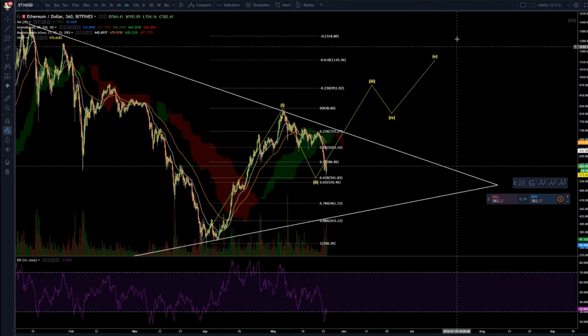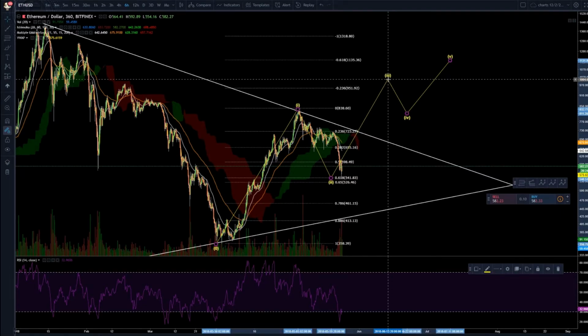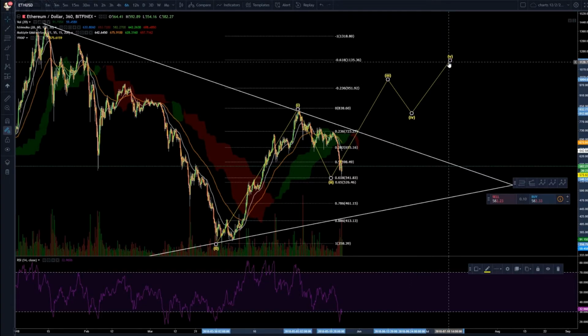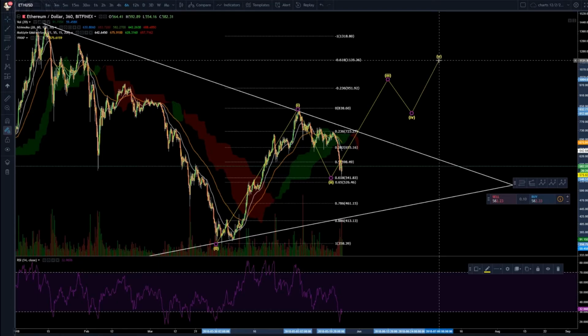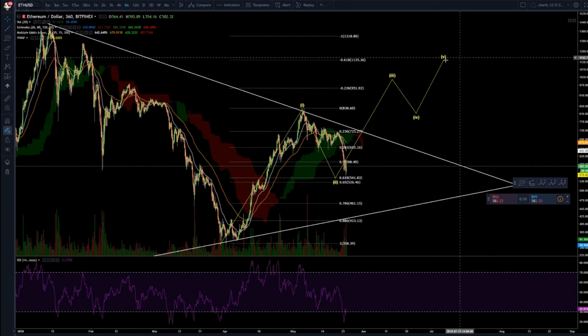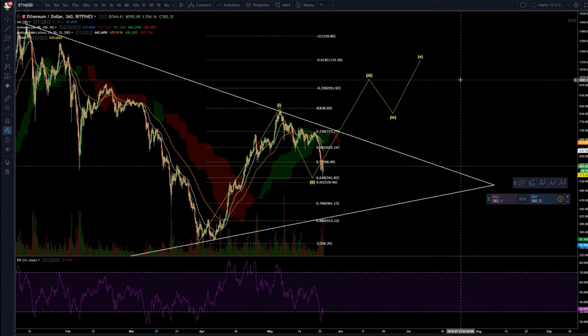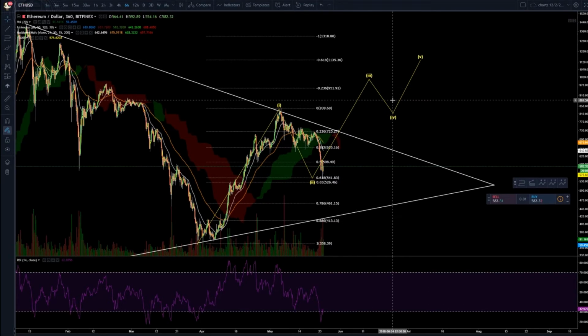Okay, so this is how I have it right now, a little bit like that. This is how I'm gonna have it right now, guys, because of the simple fact that Bitcoin retracing to almost 786 is not bullish. Okay, so I'll keep Ethereum like this.